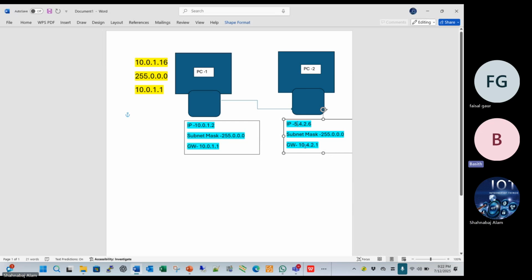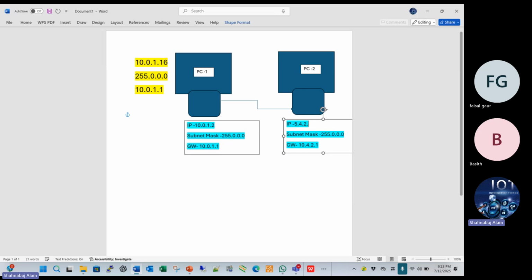By looking at the gateway or seeing the IP address, we can say the network is different. From the gateway we understand this. If you have a different gateway, at that time you cannot communicate.